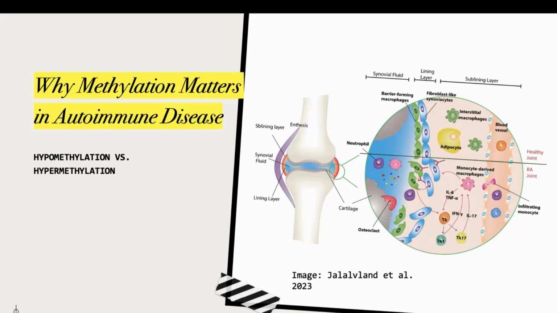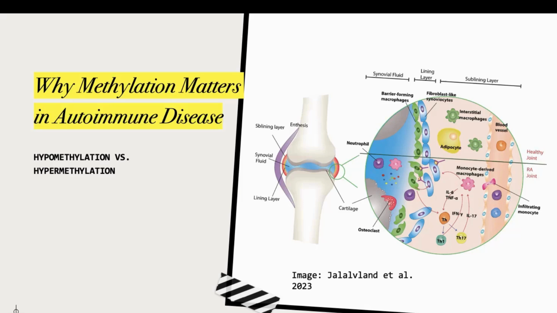And what's more, hypo or hypermethylation are often observed at the site under attack. So this is really, really important to remember. It's actually local to where your antibodies are attacking that hypo or hypermethylation will often be taking place.